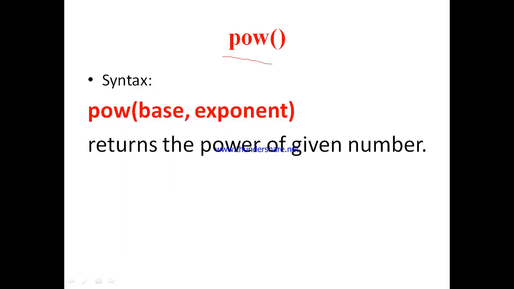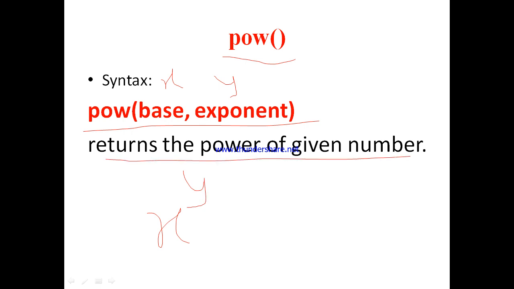Now the next function is pow. Pow is a short form of power. It has two parameters, base and exponent. Suppose this value is x and this value is y, so it returns x raised to y. It returns the power of the given number.